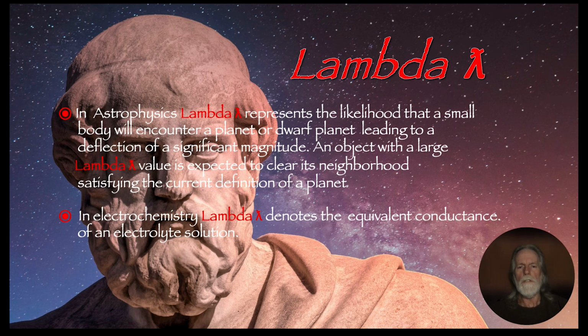In electrochemistry, lambda denotes the equivalent conductance of an electrolyte solution. So we can see that the lambda is used in multiple systems of scientific measure, and being able to conduct science is based on the ability to observe and measure. The foundations of science rest on these two abilities. So let's see how Plato fits into this story.